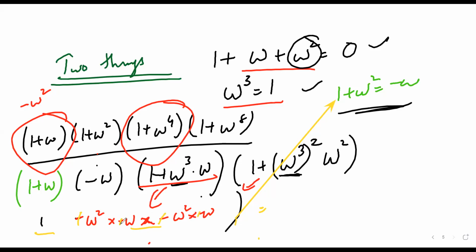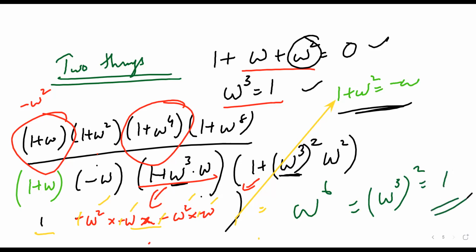Okay. So what is the ultimate answer I'm getting here? How many omega is there? Here it is 2, then 1, 4. So totally I'm getting omega power 6 respectively. So that is omega cube the whole square. This is 1 square. Omega cube value I have also given as 1.